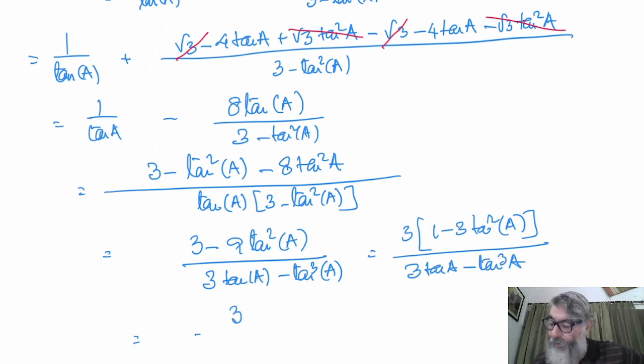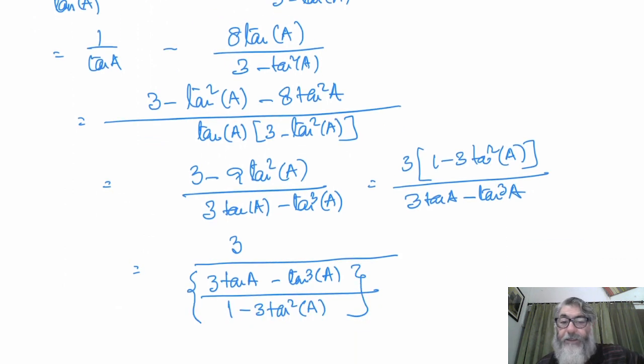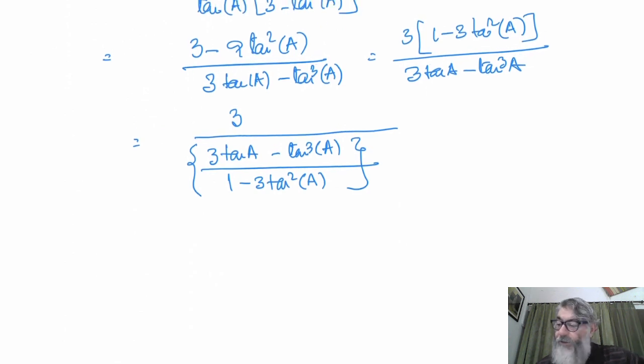I'll simplify it for you. 3 tan A minus tan cube A, and I have brought this numerator down here: 1 minus 3 tan square A. This whole thing is tan 3A.